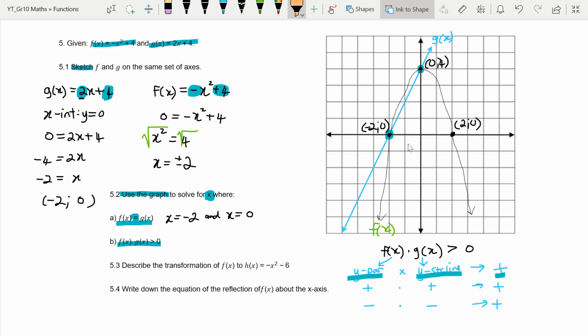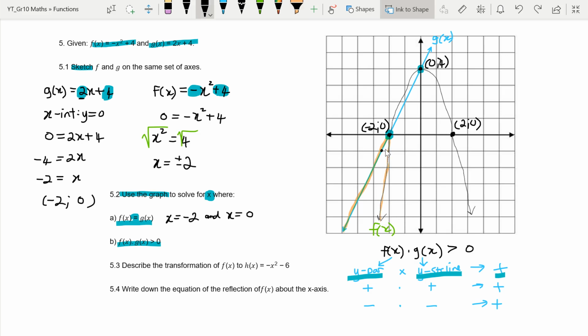Okay, so if I look at this part of the curve, there my y values are negative for the straight line, and the y values for the parabola are also negative. So both are negative.